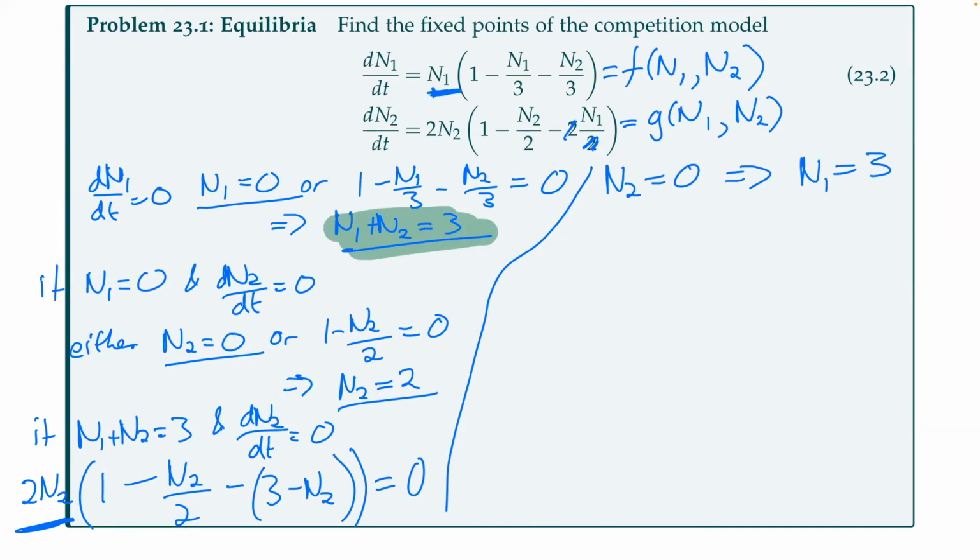Remember, we're substituting the green thing into our dn2/dt equal to 0. So both of these conditions have to hold. Either n2 is equal to 0, in which case n1 is equal to 3, or the bit in the brackets has to equal 0. So we have 1 minus n2 over 2 minus 3 plus n2 is equal to 0.